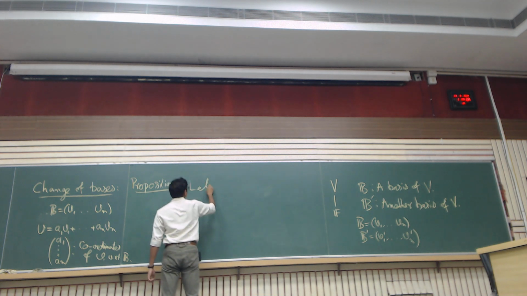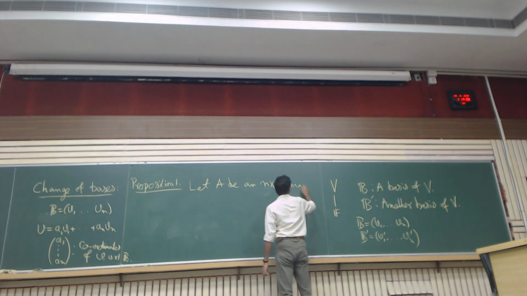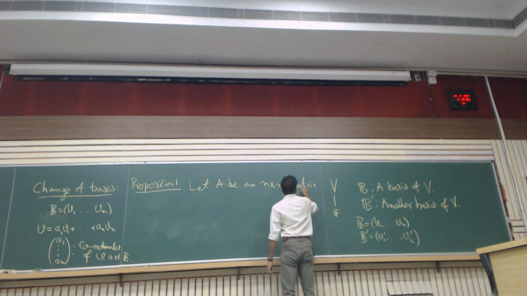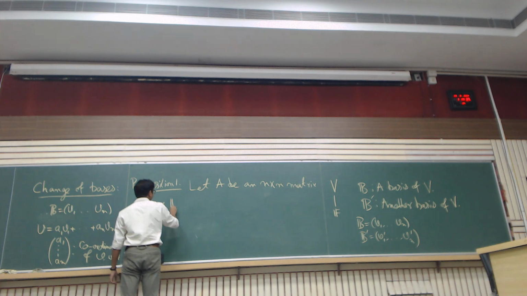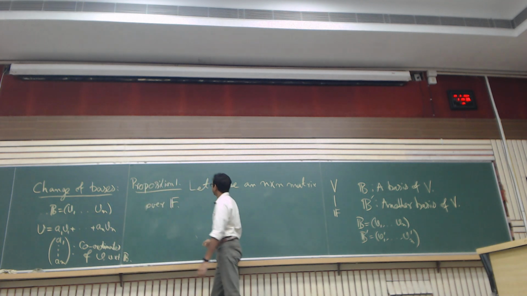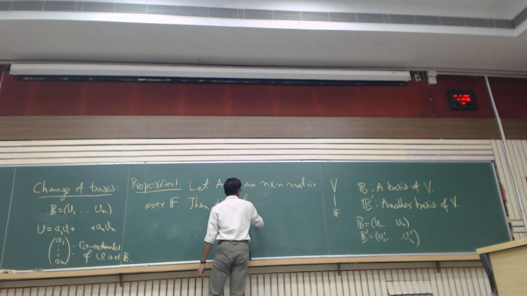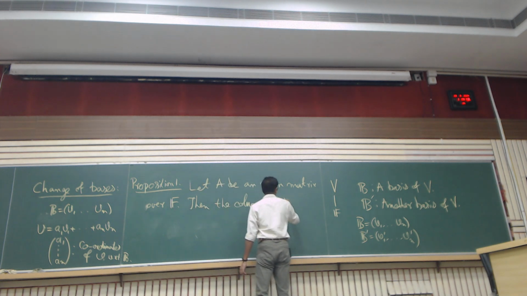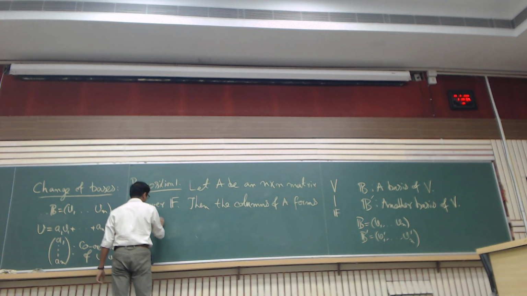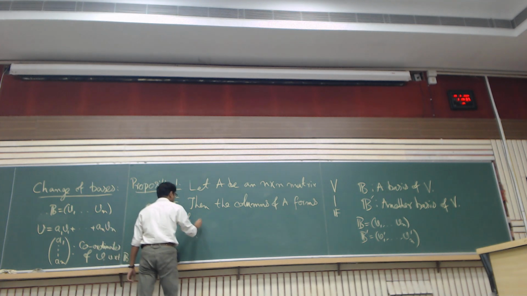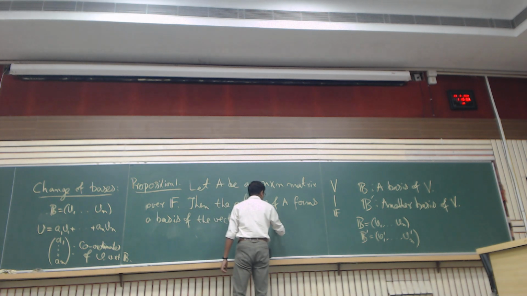So let A be an n cross n matrix over some field F. Then the columns of A form a basis of the vector space F^n.